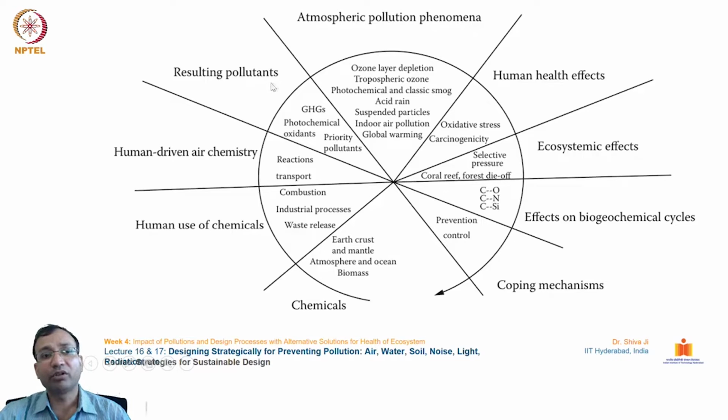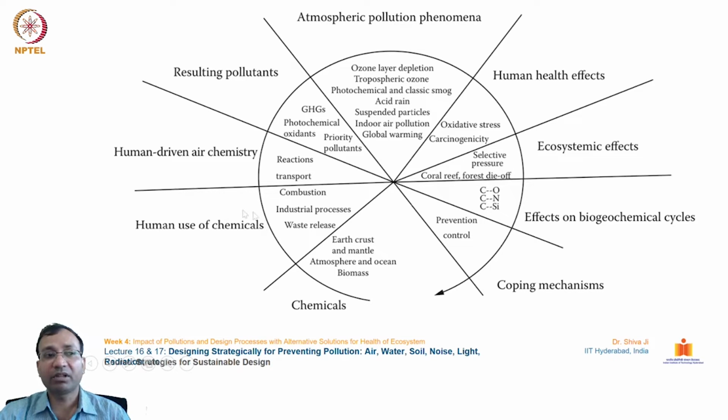So resulting pollutants, if you see GHGs, photochemical oxidants, okay, there are some priority pollutants also which create pollution. And then the human-driven air chemistry, if you see reactions and transport, some effluents coming out of certain industries create problems in these areas specifically.